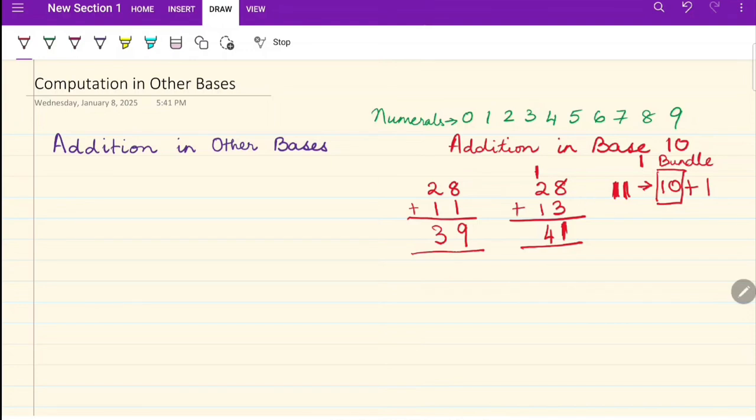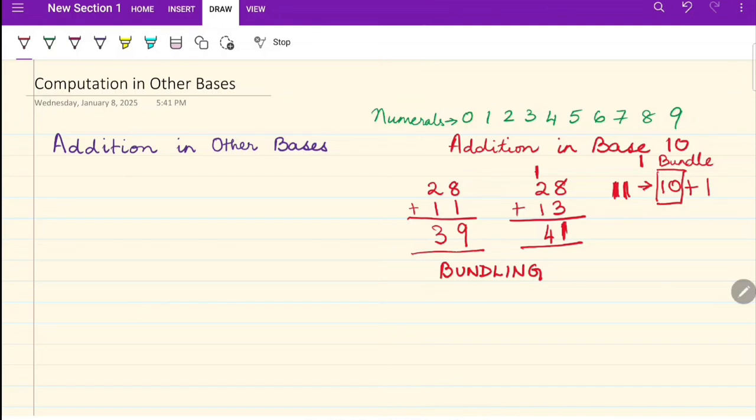So again, I'm going to use this verbiage, this phrase, all the time when explaining computation in other bases, and that word is bundling. Only thing is, when we work with other bases, it's not going to be bundling tens, but it will be bundling whatever base value we work in. If we are working in base 2, then it will be bundles of 2s that's going to get carried over.